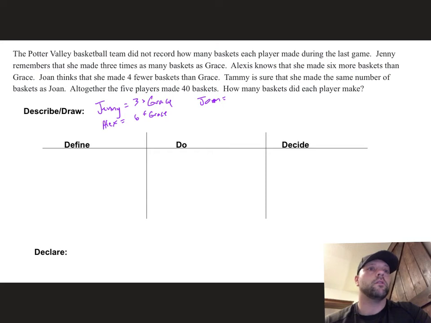So that's going to be Grace minus 4. And Tammy is sure she made the same number of baskets as Joan. So Tammy is going to be Grace minus 4. And then we know altogether, that has to equal 40 baskets.